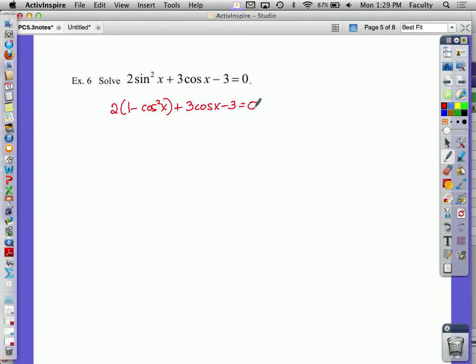So we need to put them all in terms of the same trig function, because I didn't have a GCF or anything like that where I could factor it. All right, so this gives me 2 minus 2 cosine squared x plus 3 cosine x minus 3 equals 0. I have some like terms.